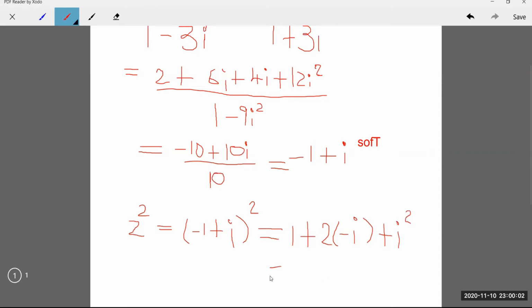So z squared works out to be 1 plus minus 1, which is 0, and we're left with minus 2i. And so z squared is minus 2i.